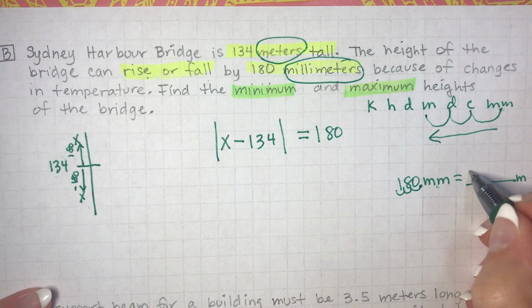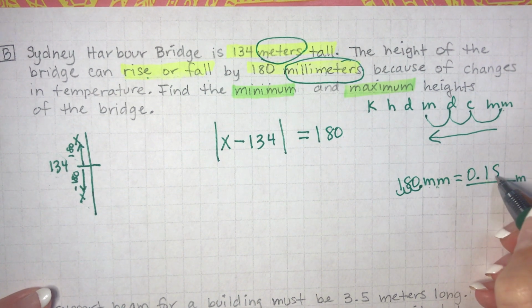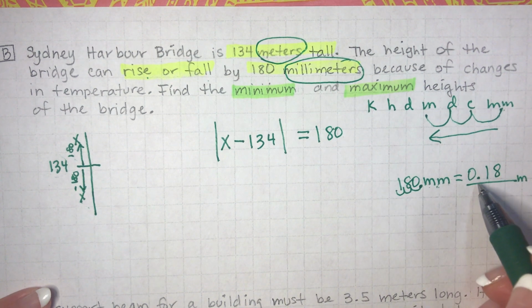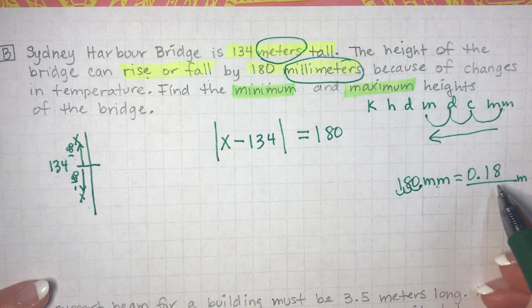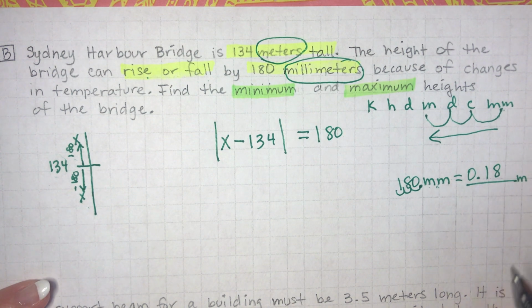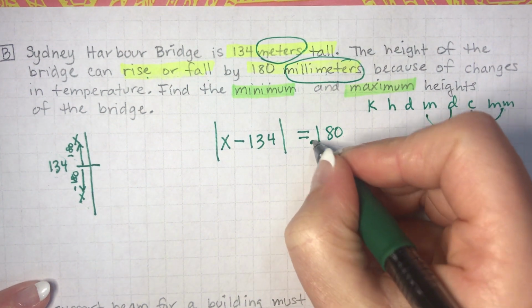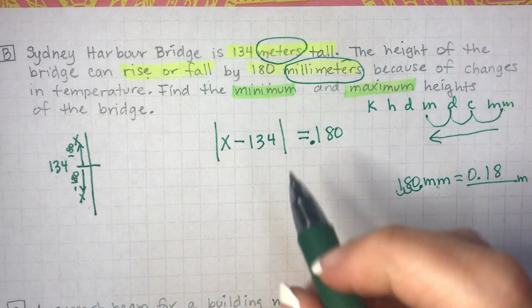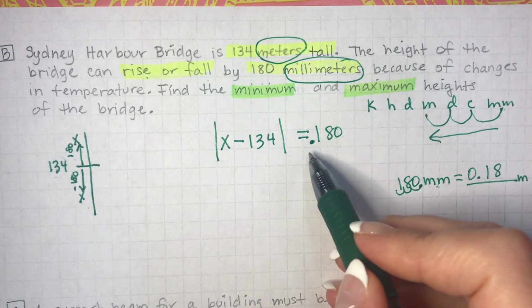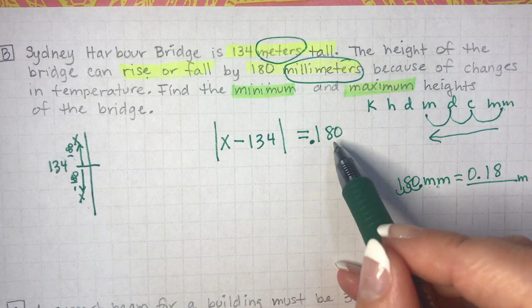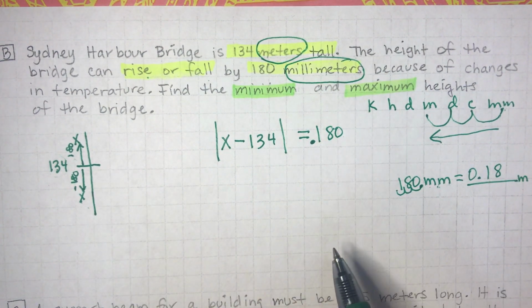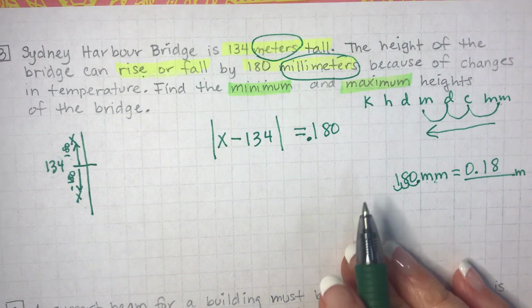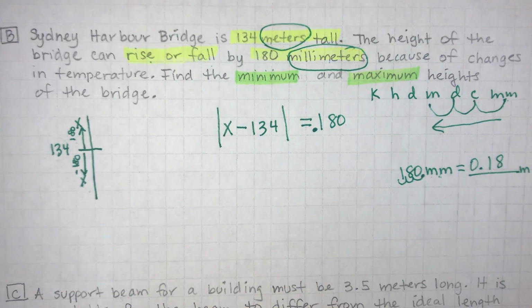Boom, that's where the decimal goes. So we go 0.18. This last 0, you don't need to write 0.180. That 0 does nothing. So there we have it. It's 0.18 meters. So we're going to put the decimal right there. So now 134 is in meters, and this amount that it is rising and falling is also in meters and no longer in millimeters. Perfect. Okay, so now we're going to solve it and figure out what that min and max is.